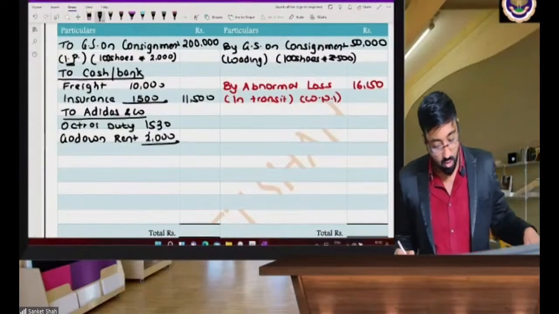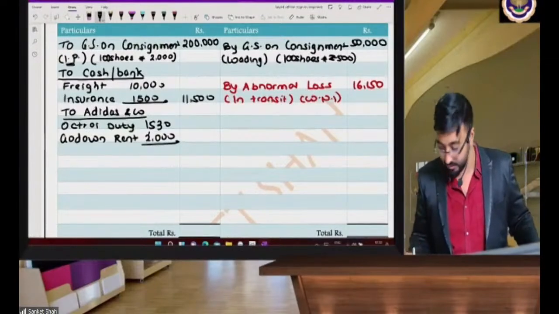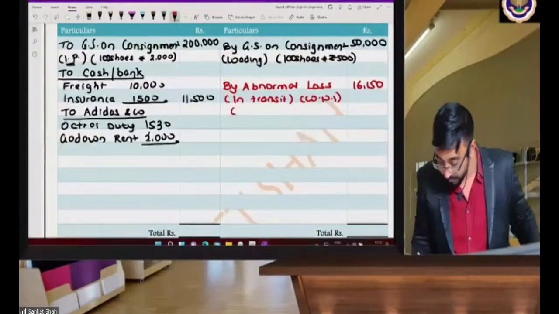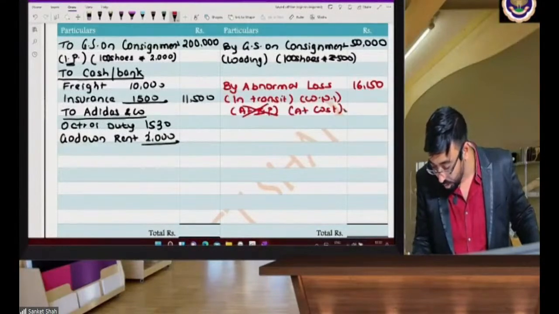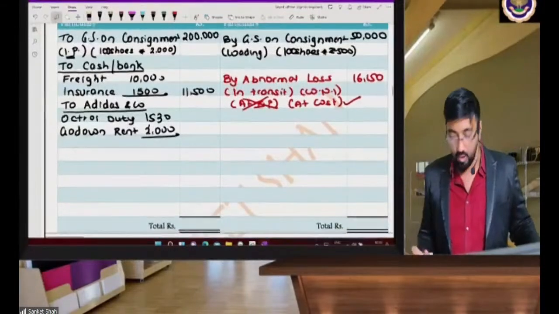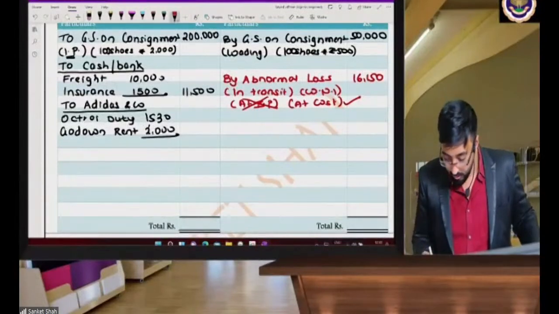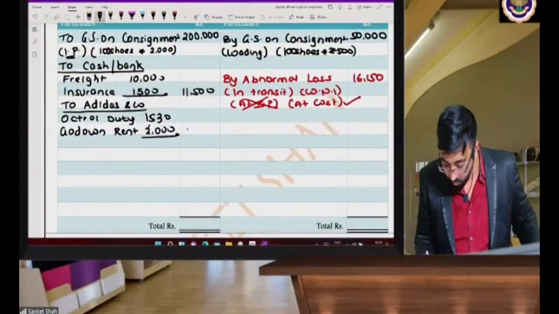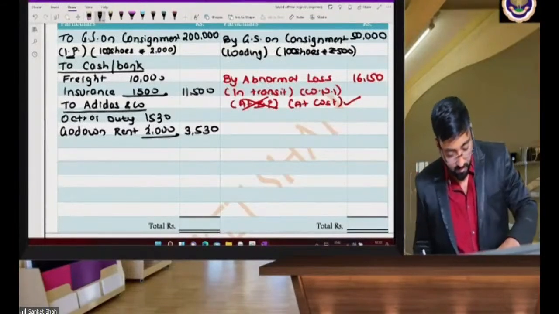Abnormal loss is always recorded at cost. It is not recorded at invoice price. Remember this case. Understand? So 1530 plus 2,000, this is 3530.